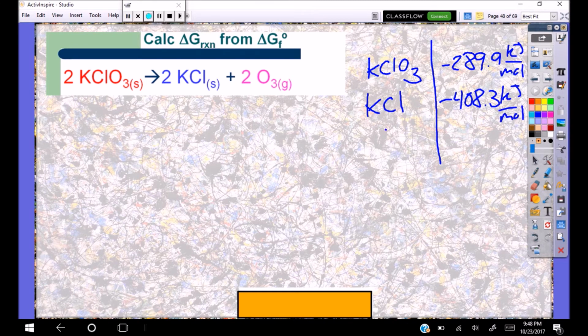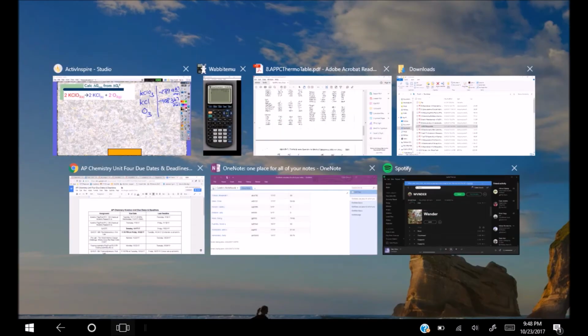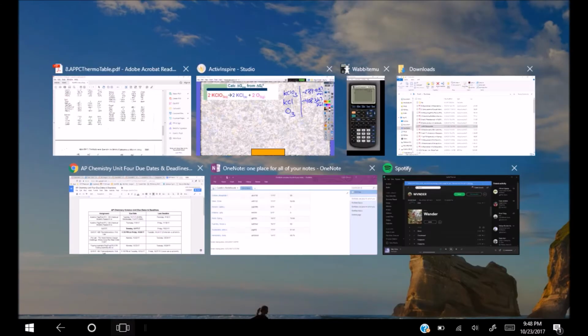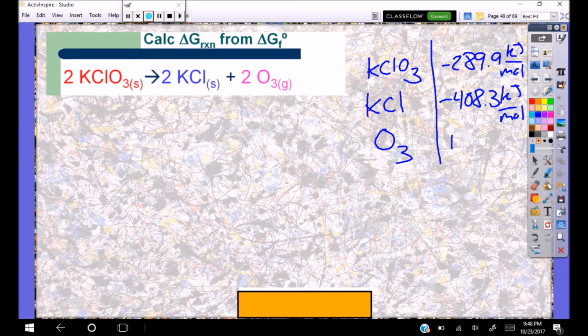And this time we got a new thing in here, O3. If we look at our table, O3 is 163.4 kilojoules per mole.